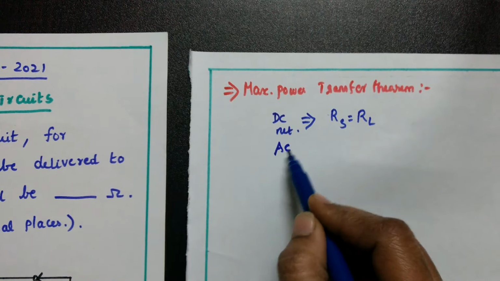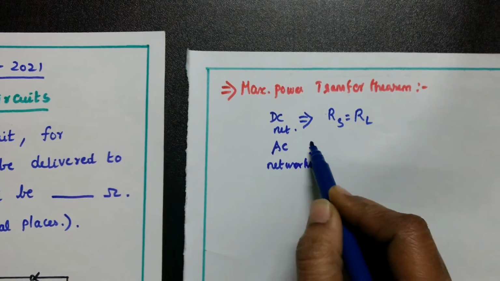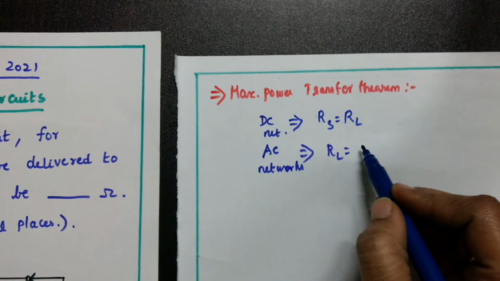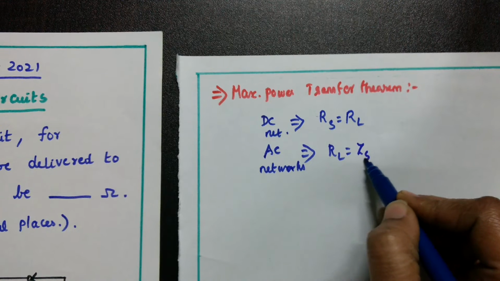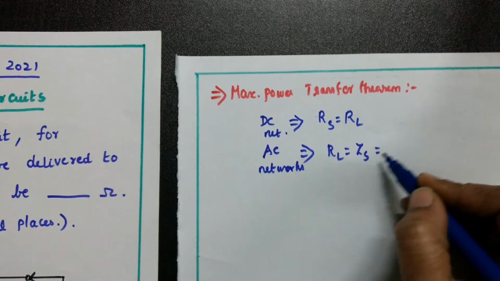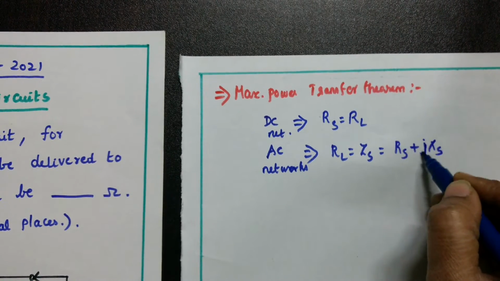In the case of AC networks, RL is equal to the magnitude of ZS, where ZS is the source impedance, Z equal to RS plus jXS.